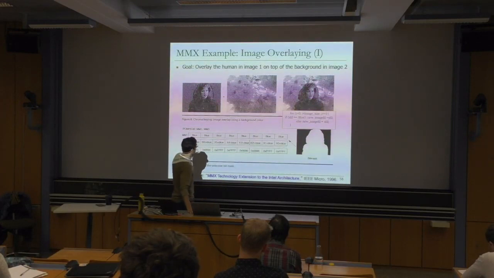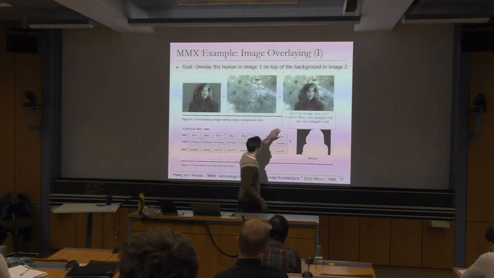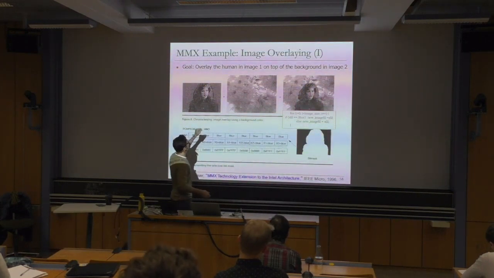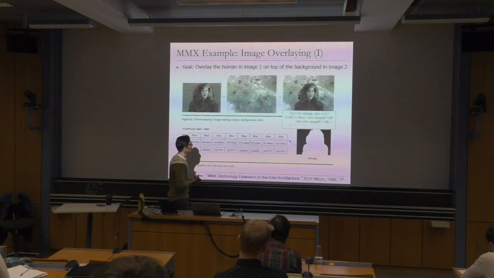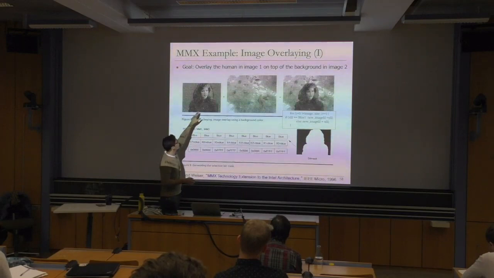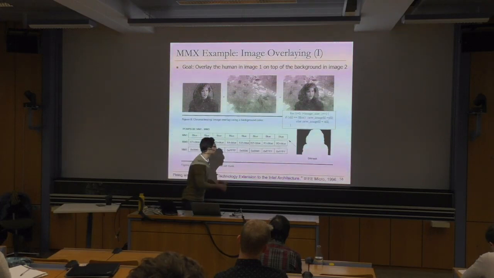In the example here, as you will see, the example is in the paper as well. What you will see is a very simple way of doing image overlaying, which is like when you watch the weather forecast on TV, you see the forecast woman there, and at the back you will see the map of Zürich or Switzerland or wherever.